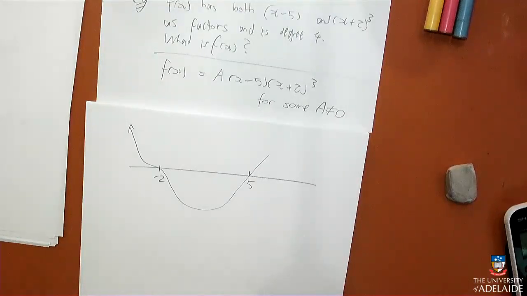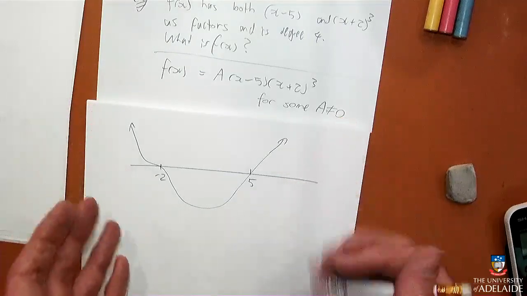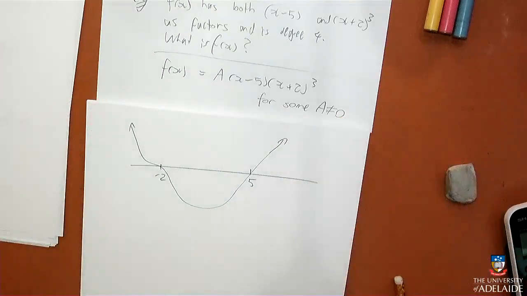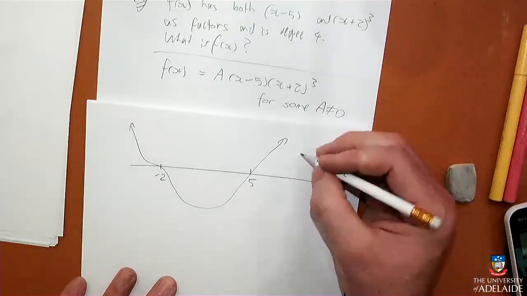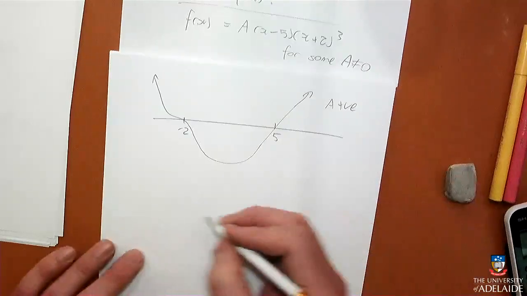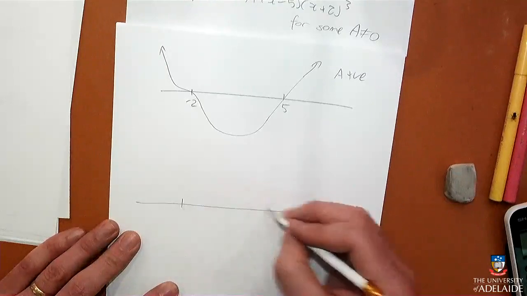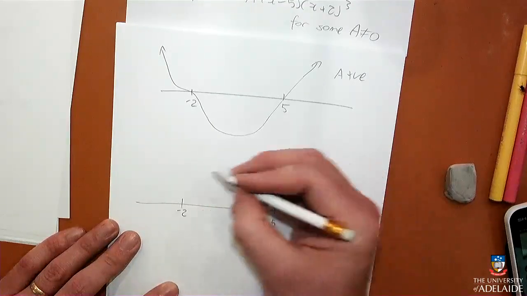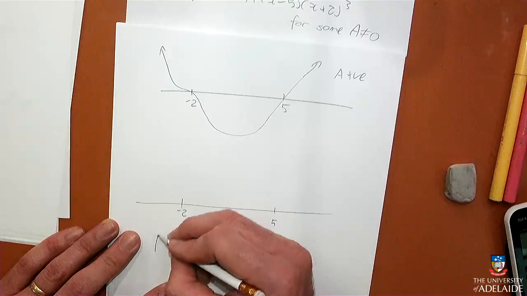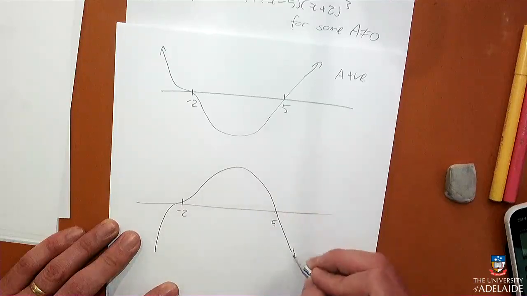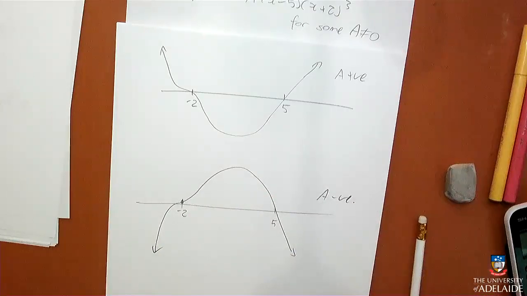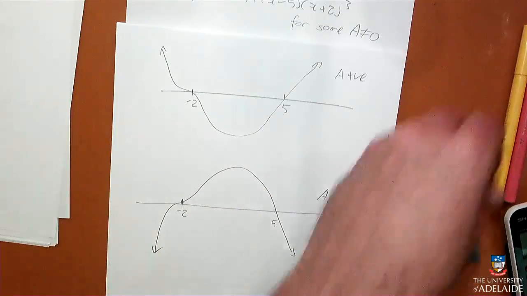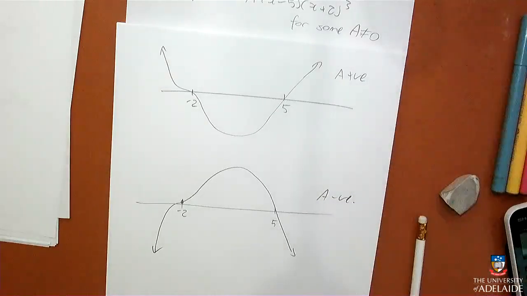It's the right sort of shape for a quartic, both ends are facing the right way, and it has one turning point, that's okay. But it could just as easily be this way for a being positive, but it could also just as easily have been this way for a negative. So if someone asked me to draw this graph, I would have to give both options because I don't know what the a is.